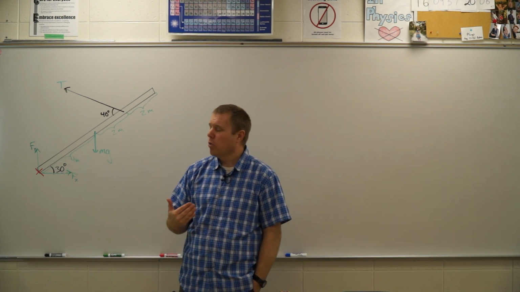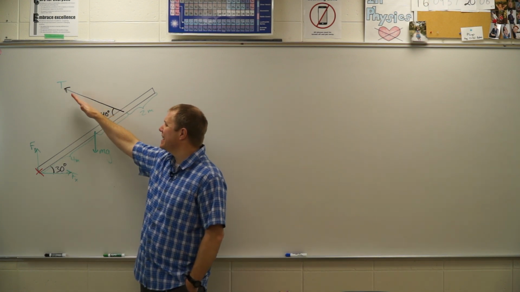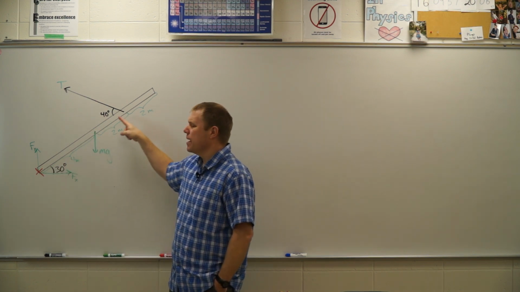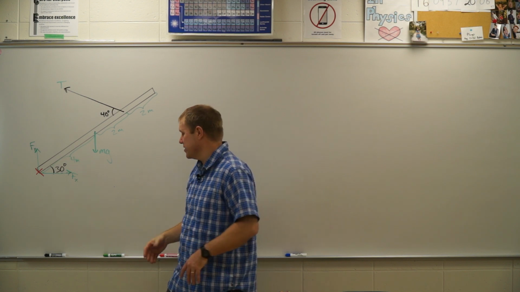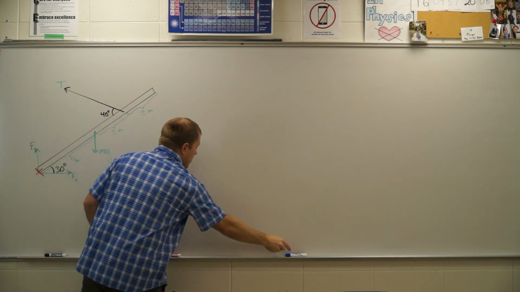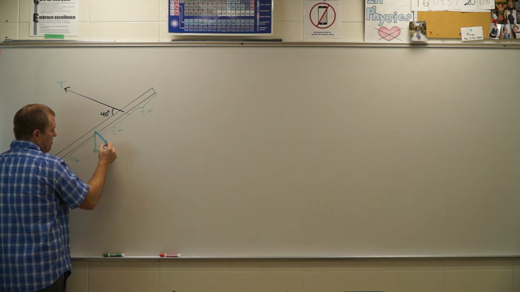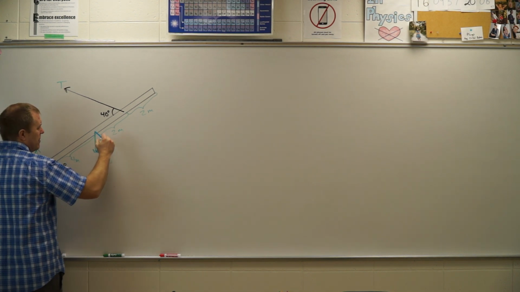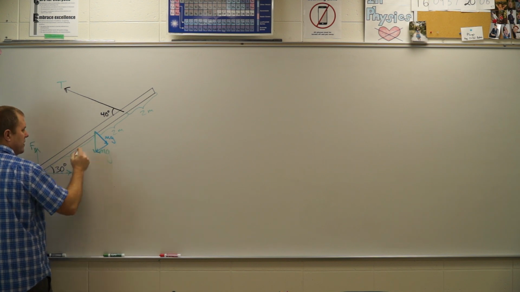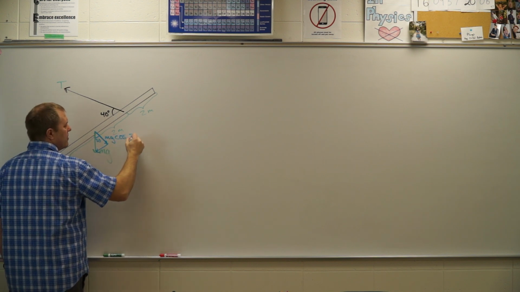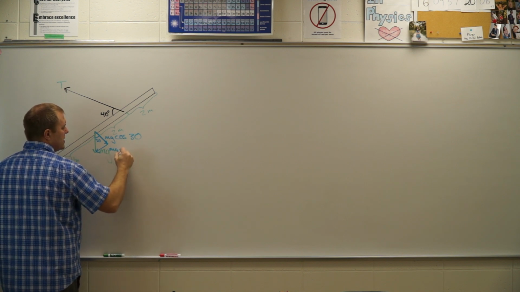Now, remember, for our torque equation, I need the perpendicular components of these forces to my beam. So we're going to have to resolve them into components. Let's do that in blue here. So we're going to resolve mg into components. I'm going to have an mg, and this angle here is 30, so we'll call that 30. So this will be mg cosine of 30 here, mg sine of 30.